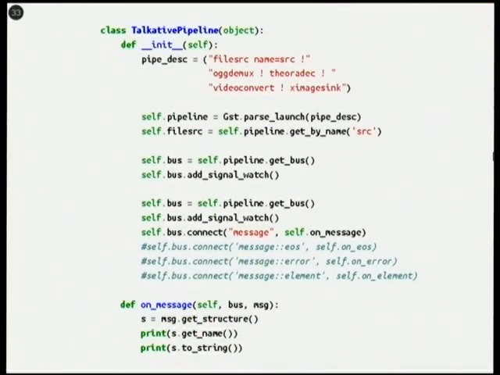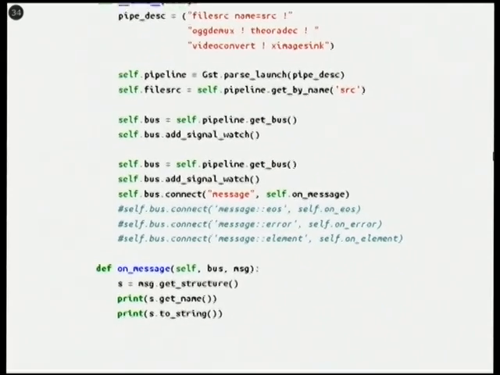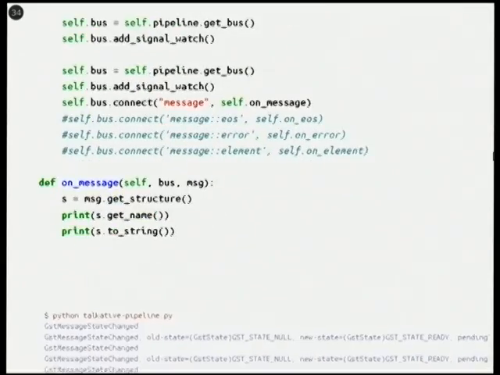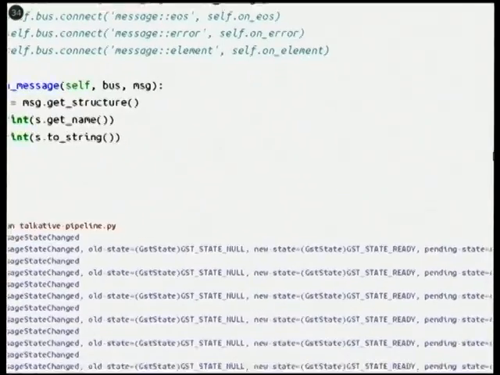And now this is an example that shows why everyone uses an object, because before you didn't really need an object, I mean a class. Here it's adding a message handler, so when you get messages from GStreamer, it will print them out or print out something about them, and you get all this rubbish.